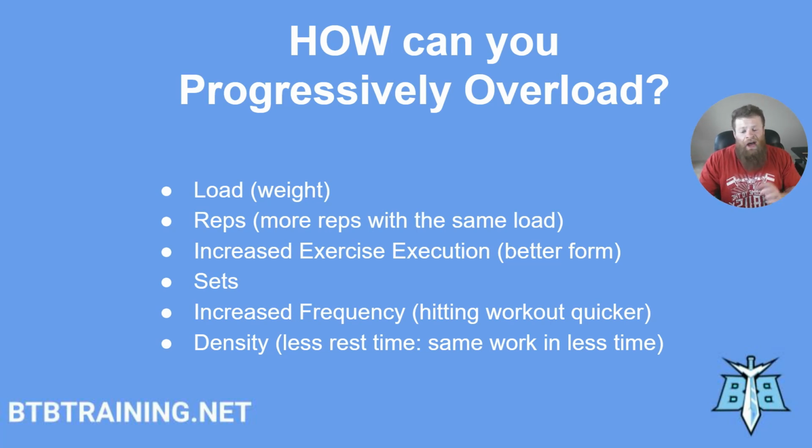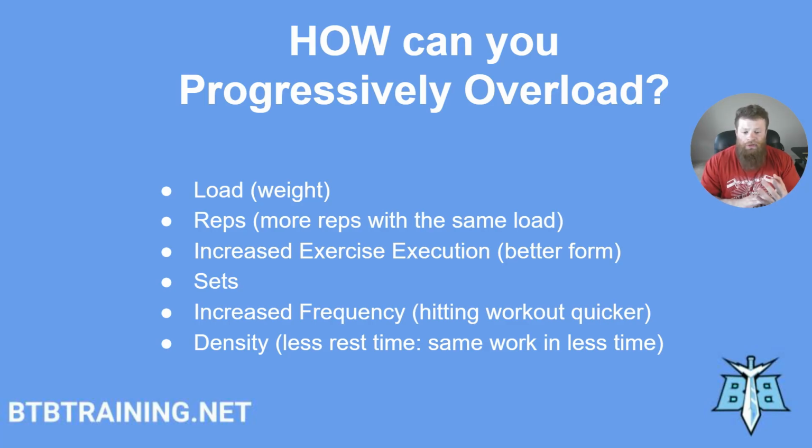And then the final way would be to increase workout density, which simply means getting the same amount of work done in a shorter time period. So let's again use the bench press example, and let's say that you did 3 sets of 200 pounds, and from set 1 to set 3 it took you 15 minutes to complete that.